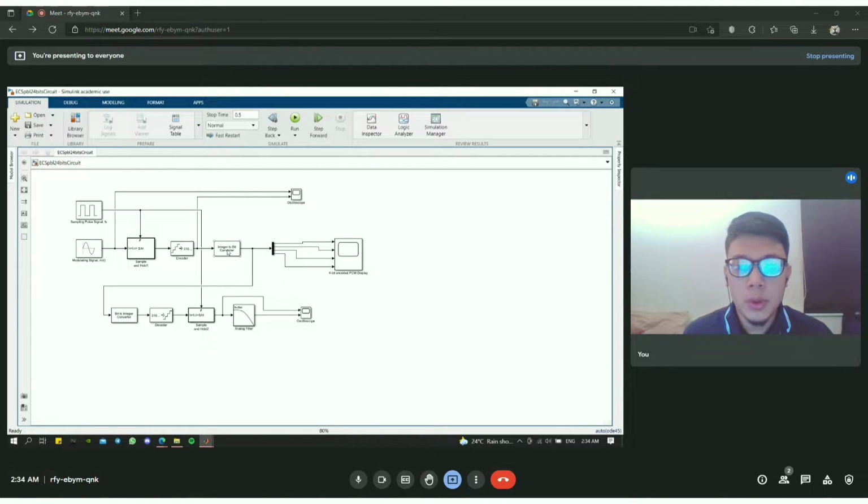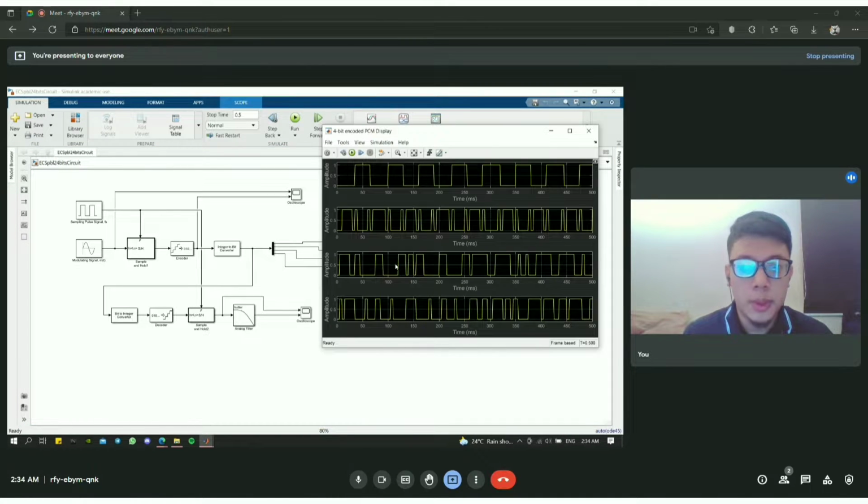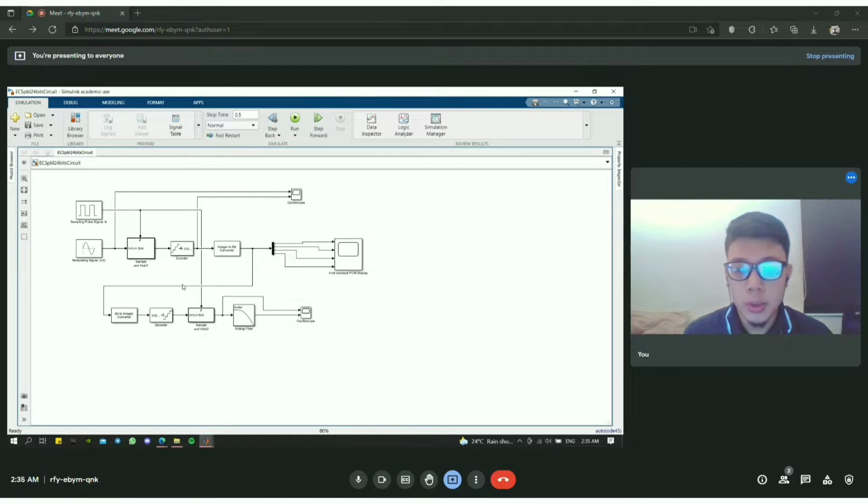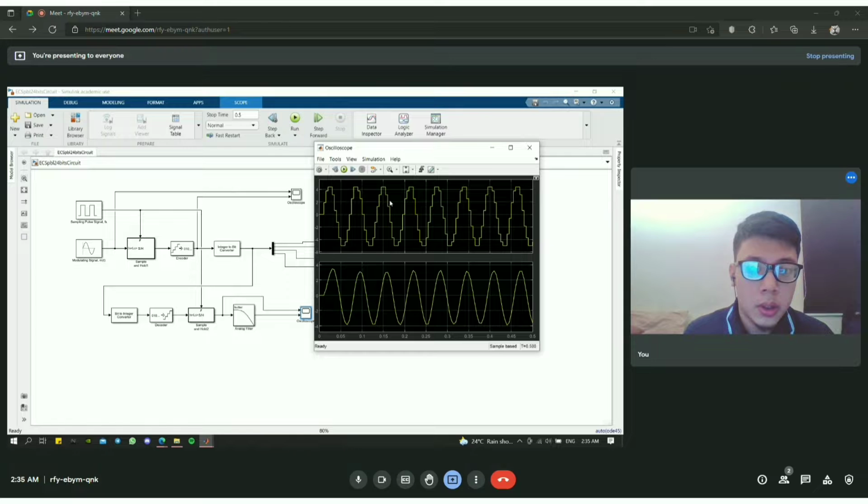Then it flows into the integer to bit converter, and it becomes like this. After that, it goes to the bit to integer converter, which converts it back to the analog signal. You can see here, this is the quantization process, then back to the analog signal. This is before going through the filter, and this is after going through the filter.